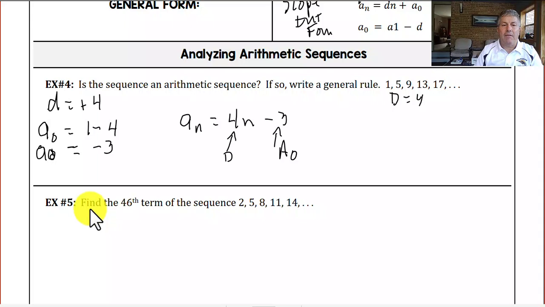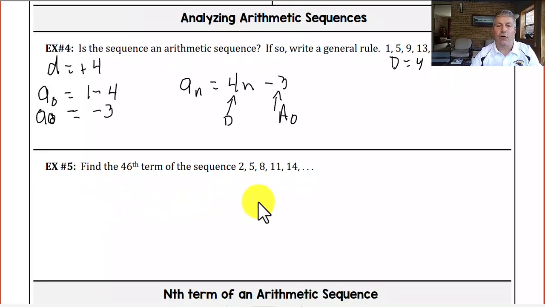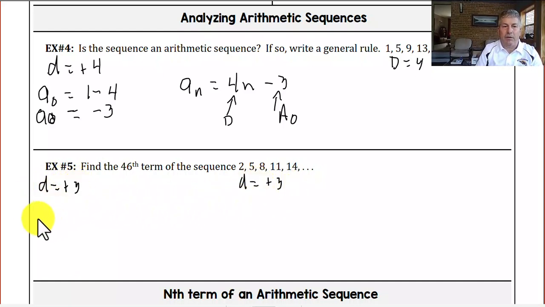In example 5, we're asked to find the 46th term of the sequence 2, 5, 8, 11, 14. So our d here appears to be a positive 3. Our a sub 0th term is just going to be 2 minus 3, so our a sub 0th term is negative 1.